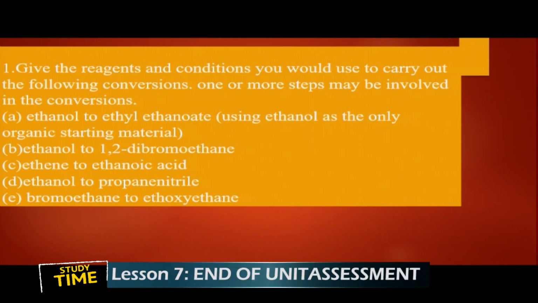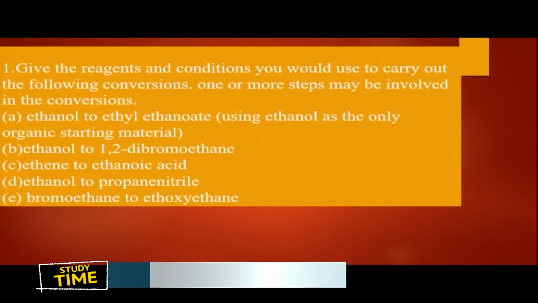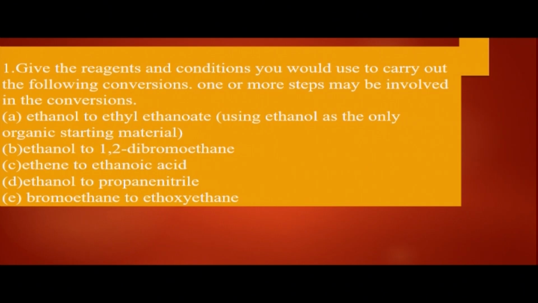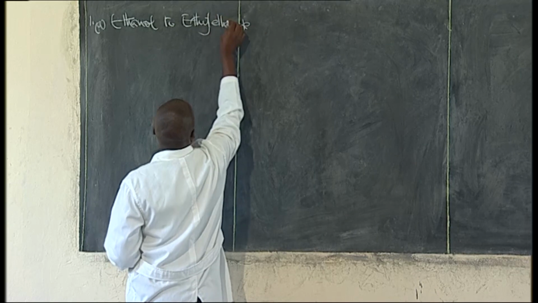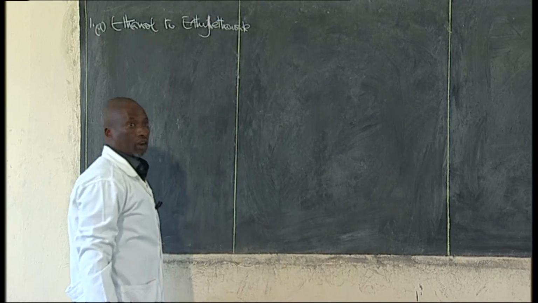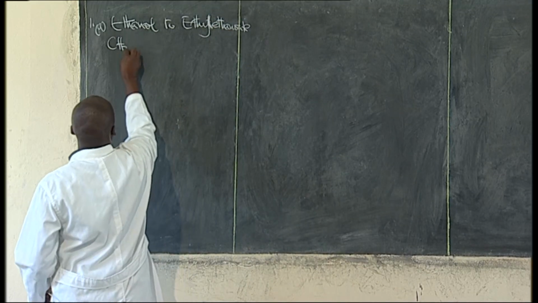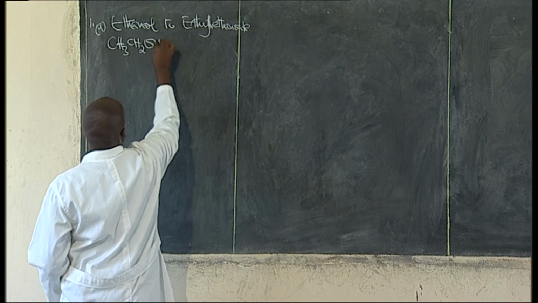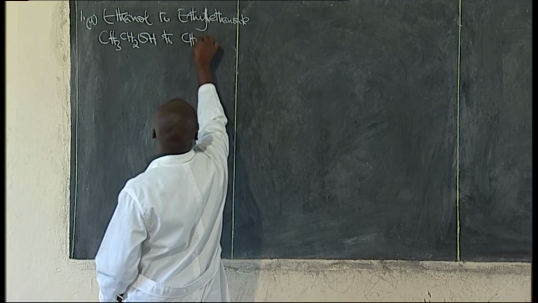If you remember the reactions of the alcohol, the preparation methods, all these help you to remember how we can move from ethanol to ethyl ethanoate. So number 1, part A, we are moving from CH3CH2OH to ethyl ethanoate.